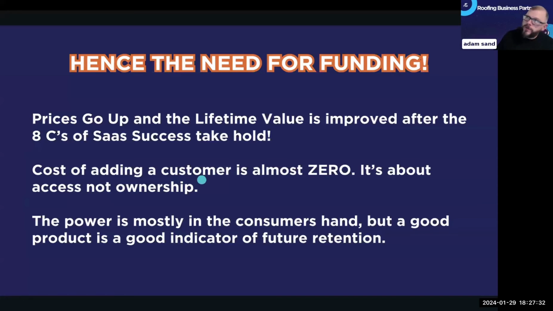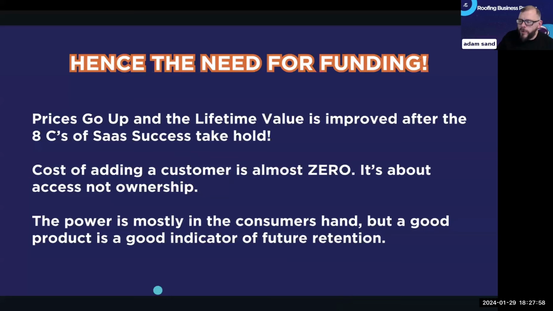I shouldn't have said liter, gallon, like 24 cents a gallon or whatever. But the whole idea is that it's not the cost of adding a customer to Company Cam, Job Nimbus, HubSpot, whatever. The cost of adding a customer is almost nothing, right? It's the cost of acquiring that's high. And so the power is mostly in your hand as a consumer. But a good product is the indicator of future retention, which is why they get their money.